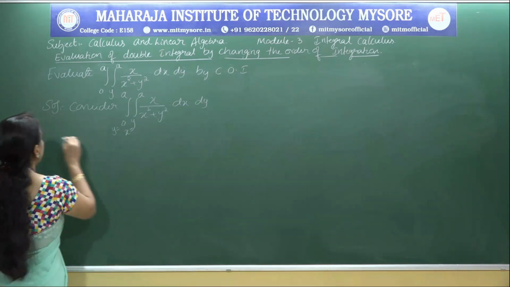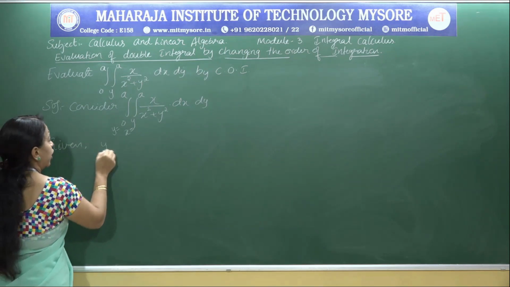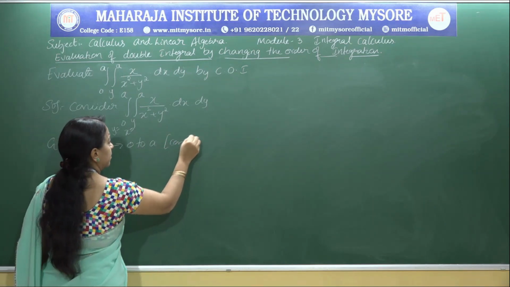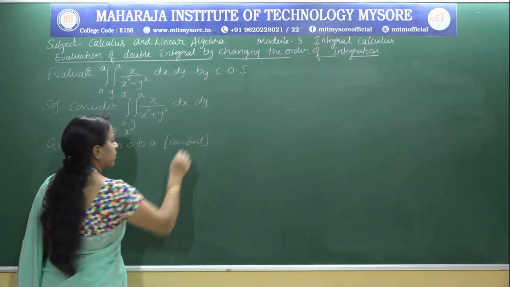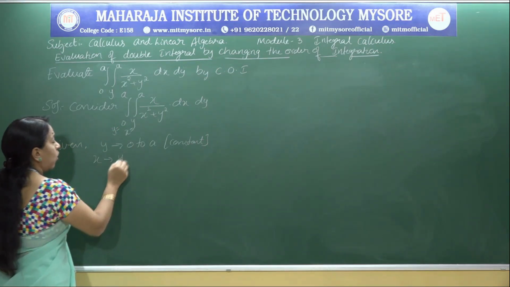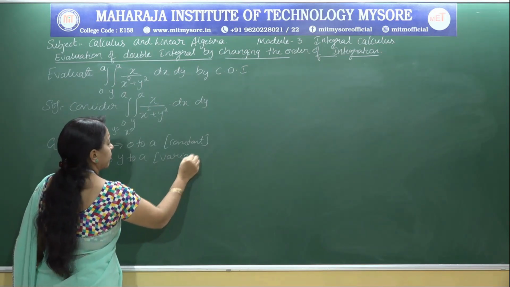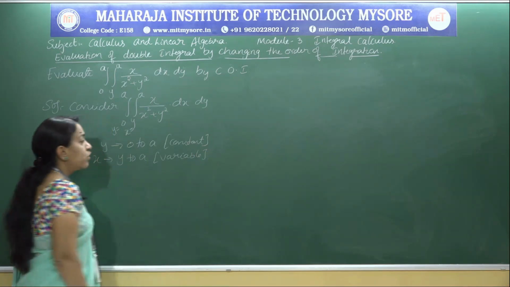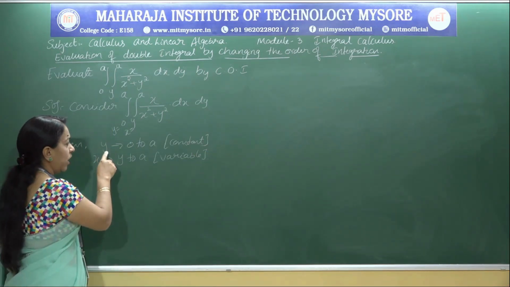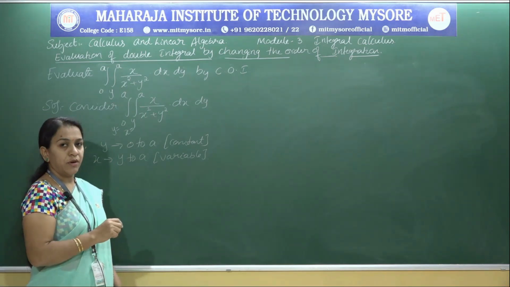So how to change? The given limits are y varies from 0 to a, which is a constant limit, right, and x varies from y to a, which is a variable limit. So by changing the order, I should make y a variable limit and x a constant limit, right.